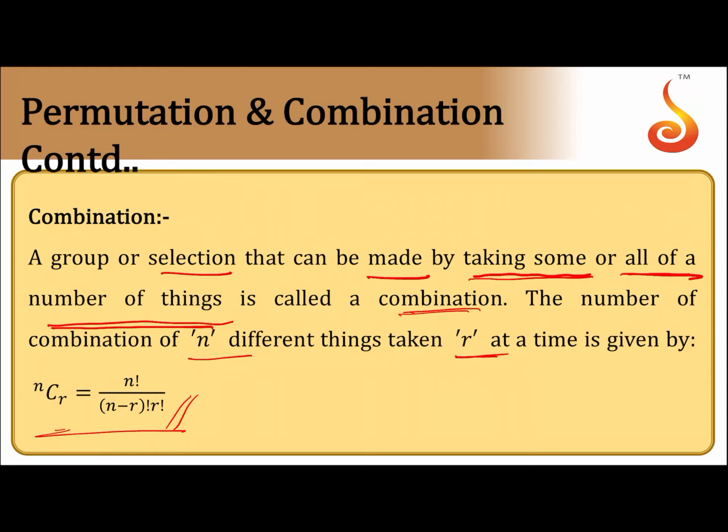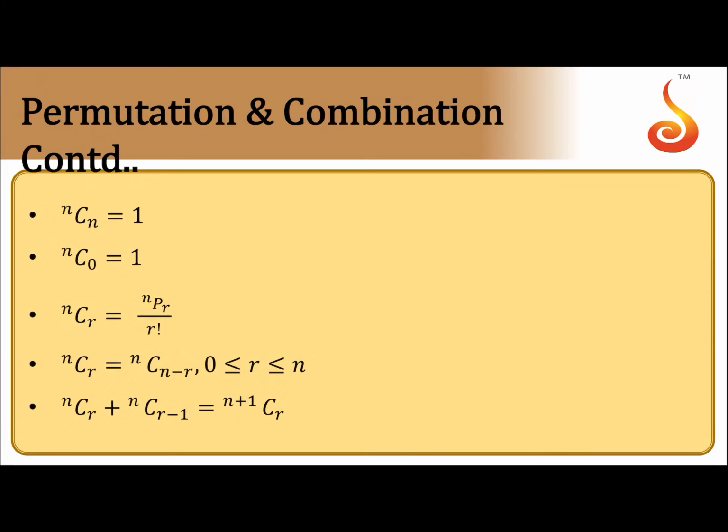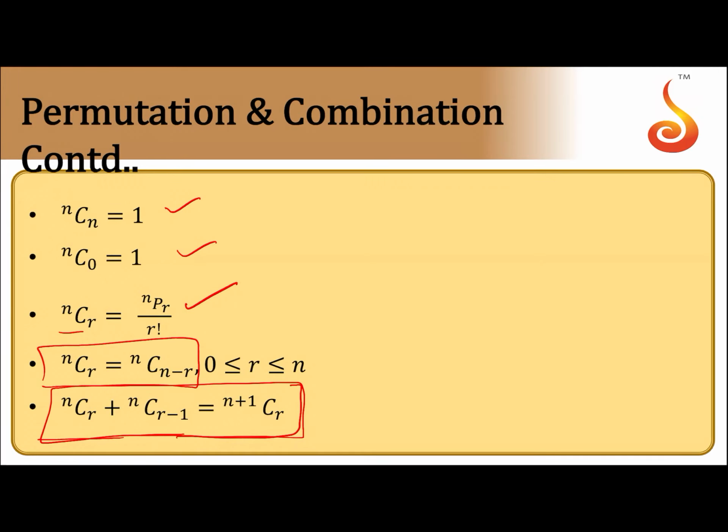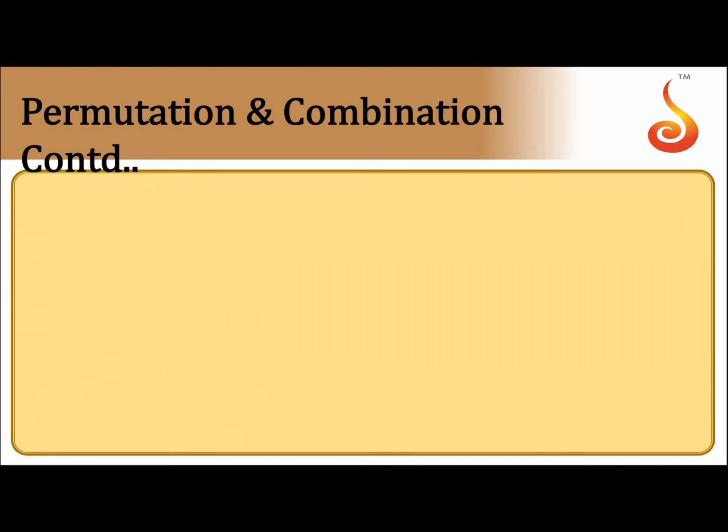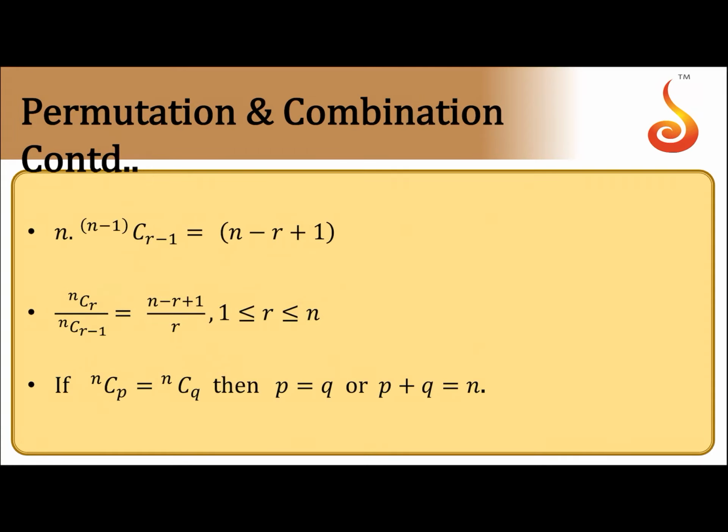Some related formulae are nCn equals 1, nC0 equals 1, and nCr is the same as nC(n minus r). The nCr formula can also be written as nPr by r factorial, and nCr plus nC(r minus 1) equals (n plus 1)Cr.